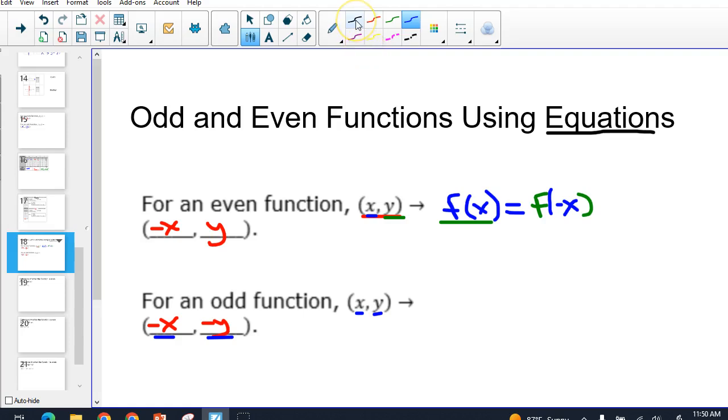This is going to tell us that if I plug in f of negative x, my y value will switch sign.